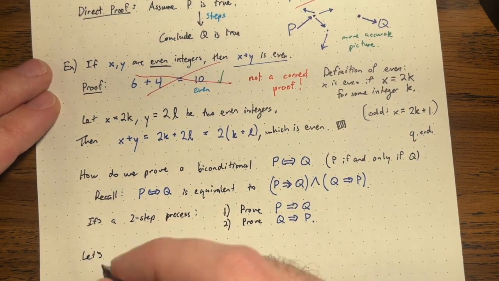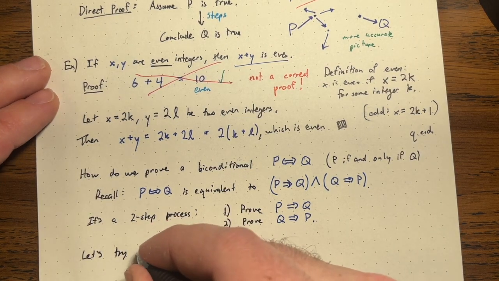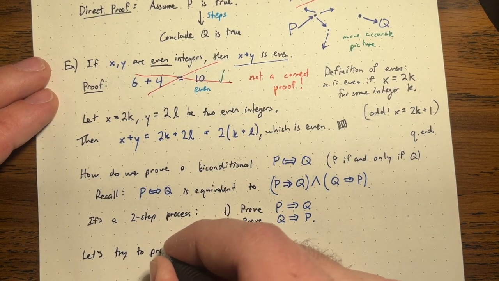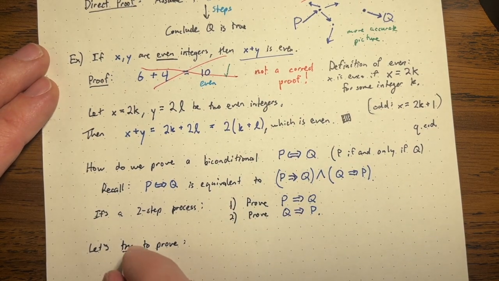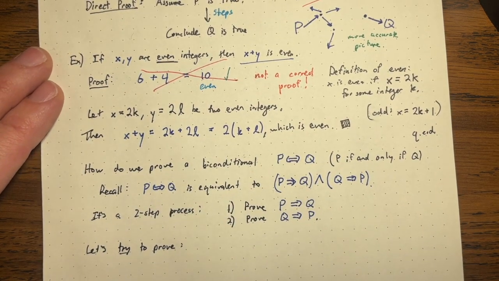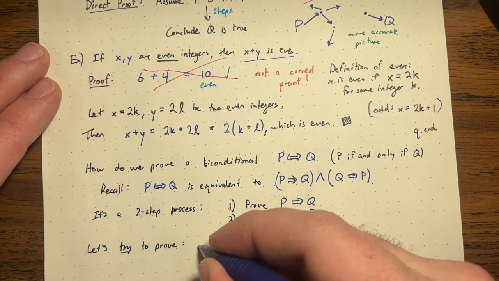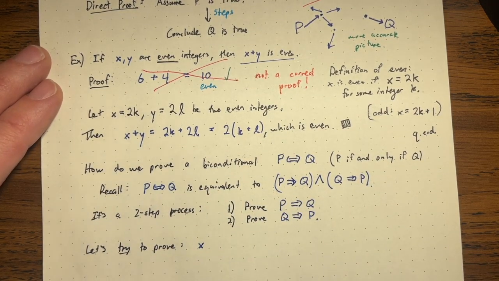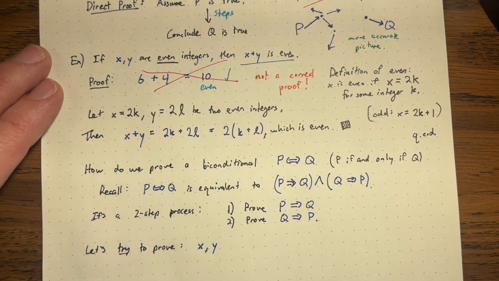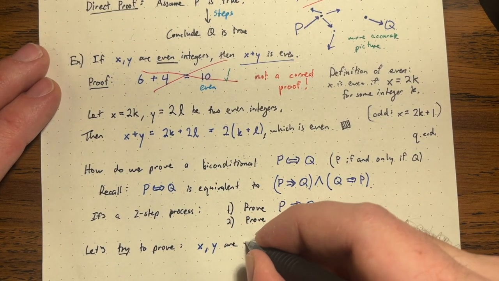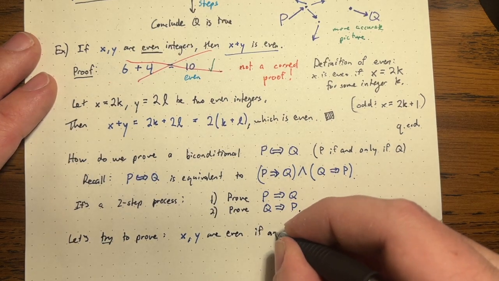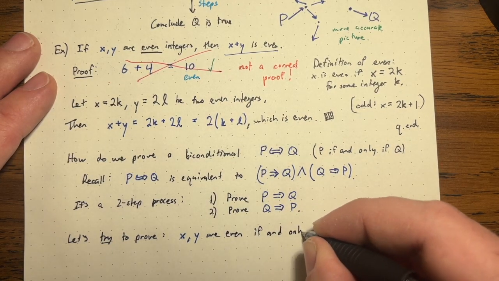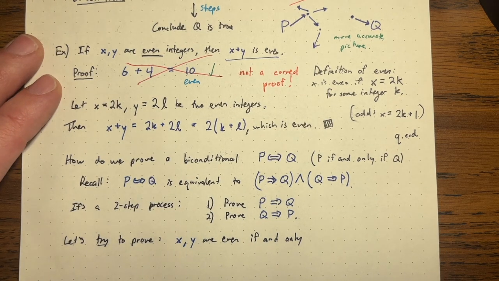All right, let's try one of these. Let's try to prove, I emphasize the try, by the way. You can see why. So let's try to prove that x and y are even if and only if x plus y is even.